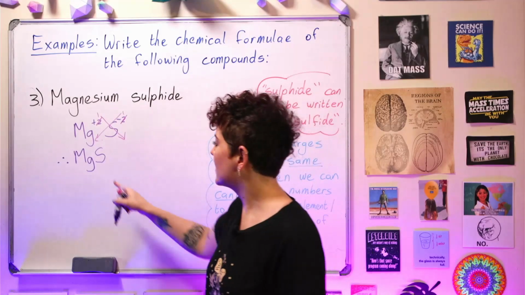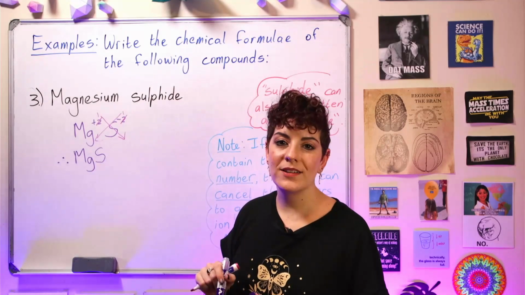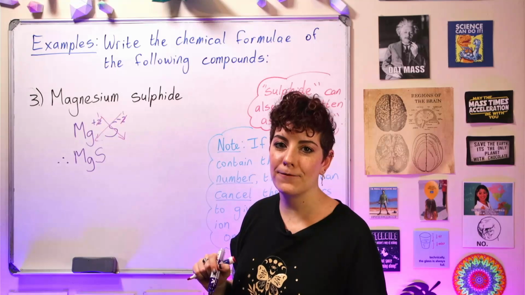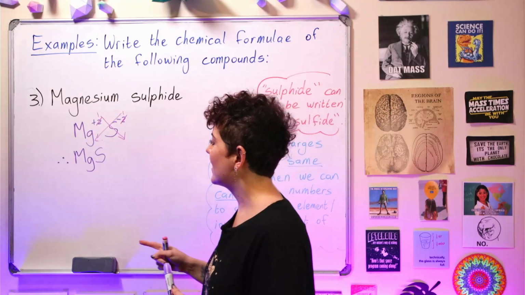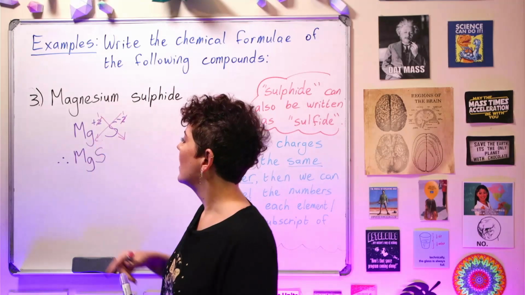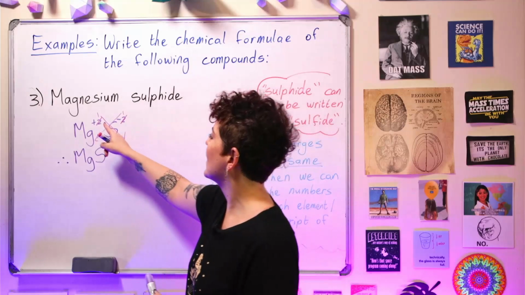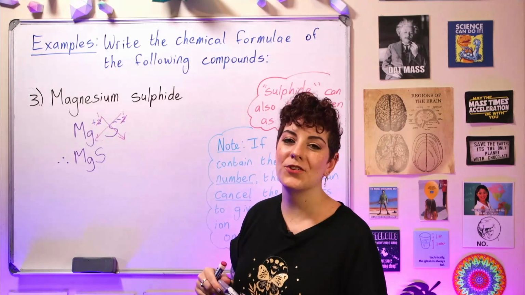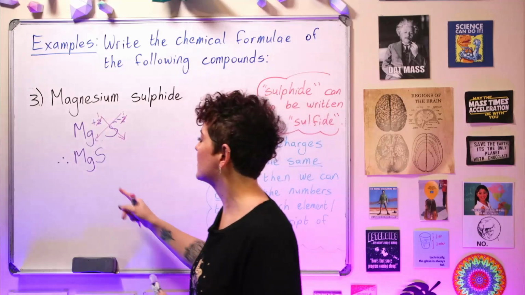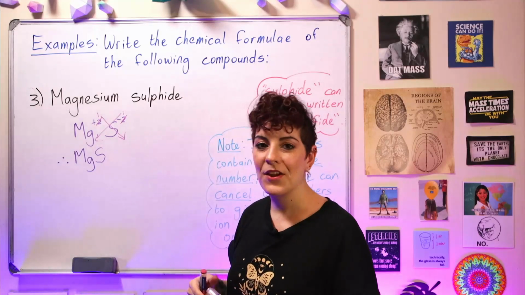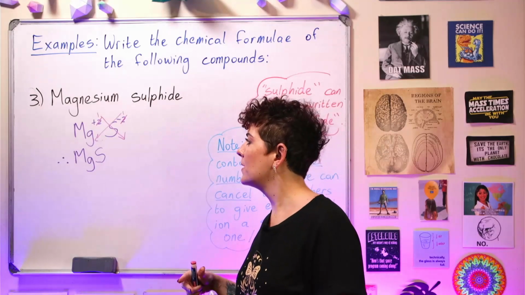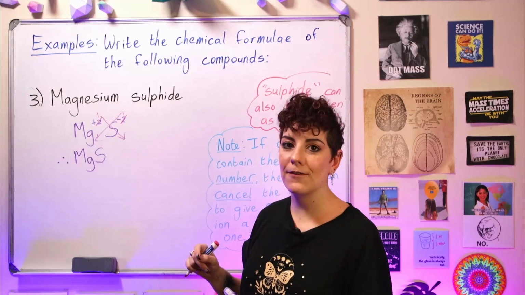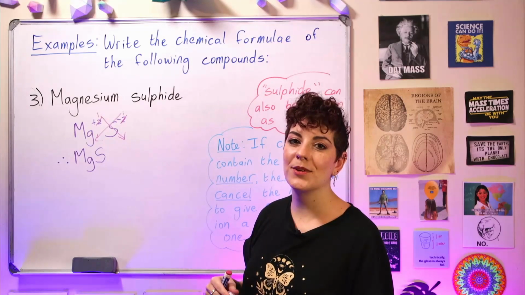The subscripts are 1 and 1, but the 1's do not get shown in the final formula. And the reason we land up with 1 atom of each is because they both had the same number in their charges, and that means we could have cancelled those numbers to give each subscript a value of 1. So there we go. That is the formula of magnesium sulfide. Let's move on now to example 4.